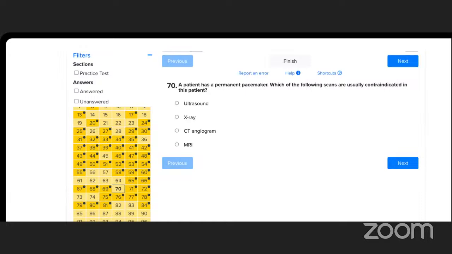Sometimes they'll make an exception, but they have to know what type of pacemaker. So that question, from clinical experience, will be D.